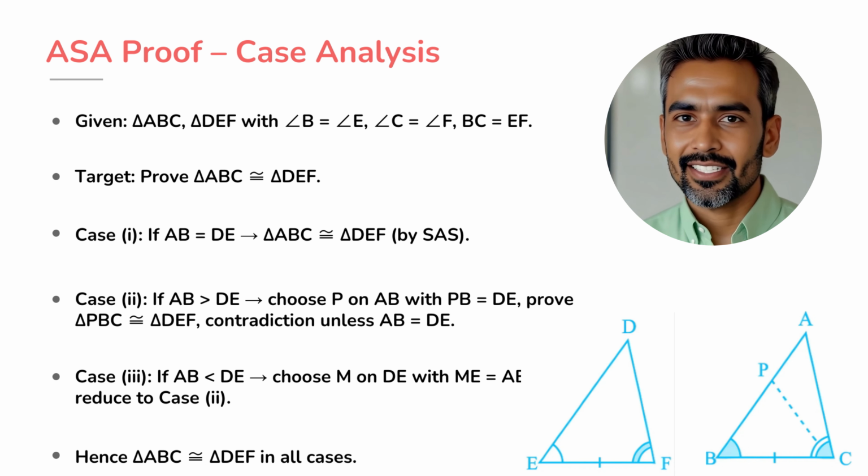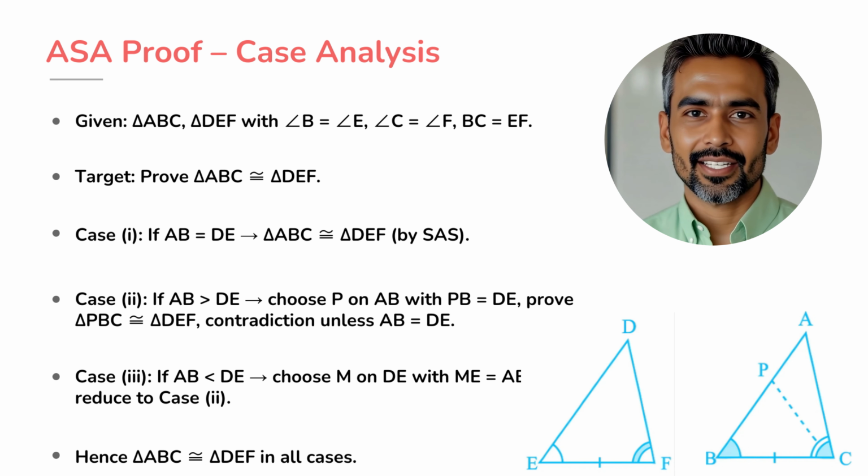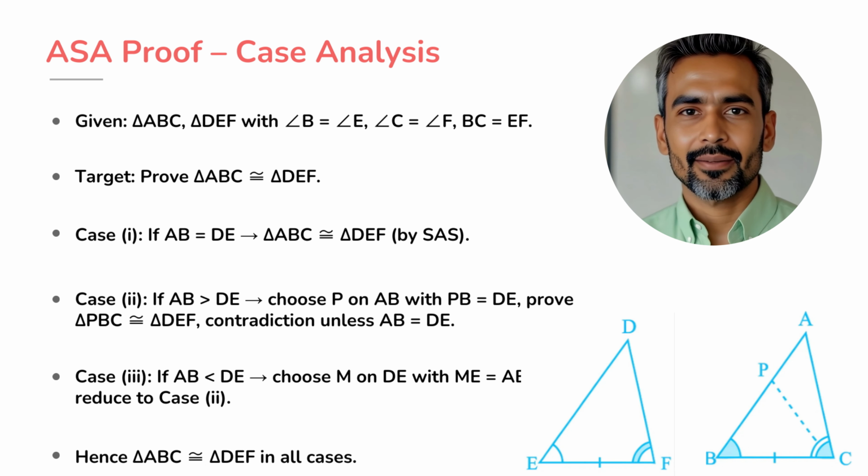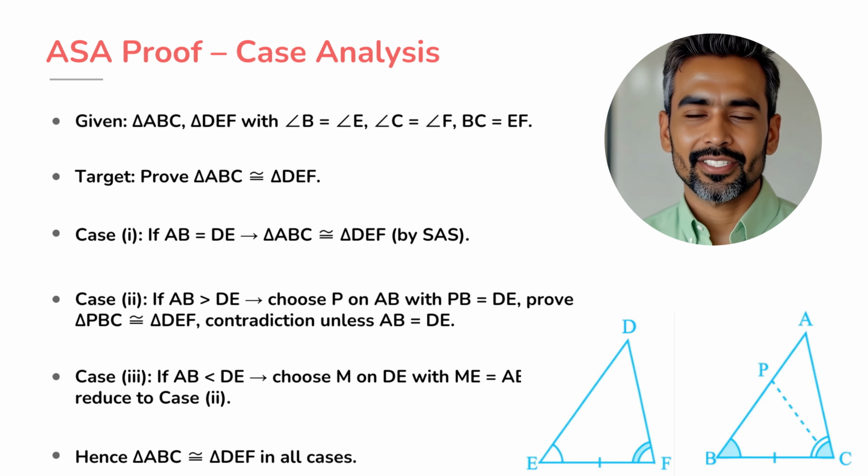If side AB is smaller than side DE, then we choose a point M on DE such that ME equals AB. This simply reduces the situation back to case 2. Therefore, in all possible cases, triangle ABC is congruent to triangle DEF. So, this proves that the ASA criterion is always valid no matter how we look at it.